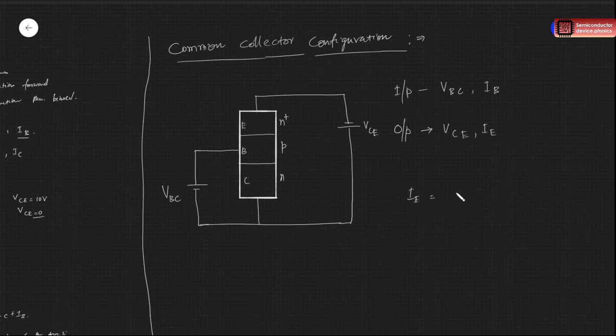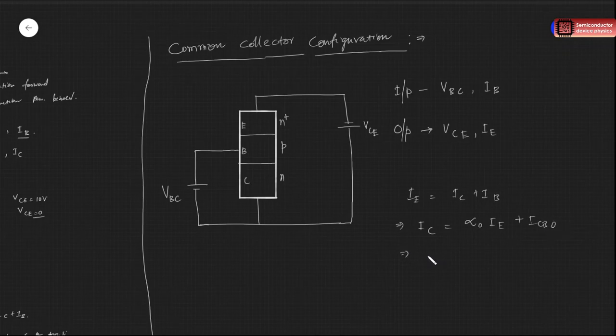again the current equations we can write easily: IE equals IC plus IB, and IC is alpha 0 IE plus ICBO.